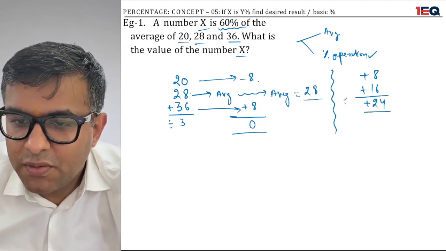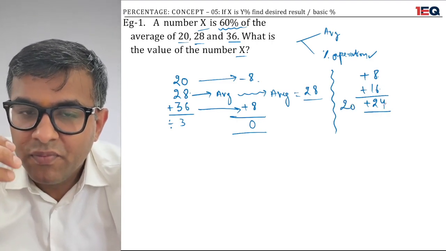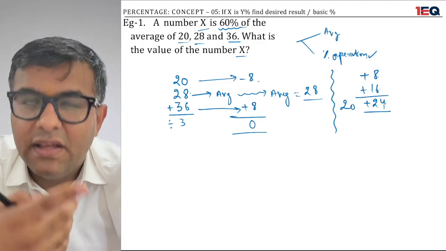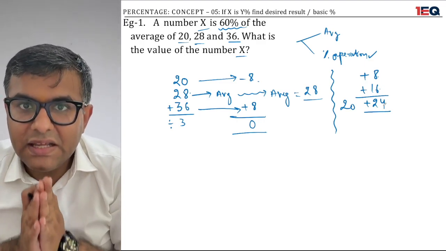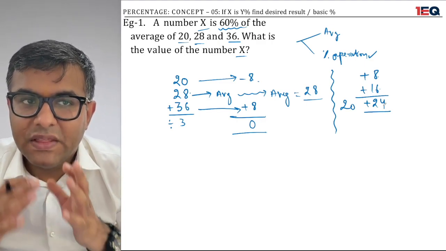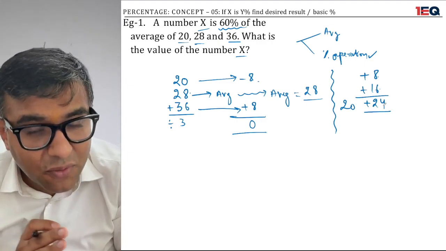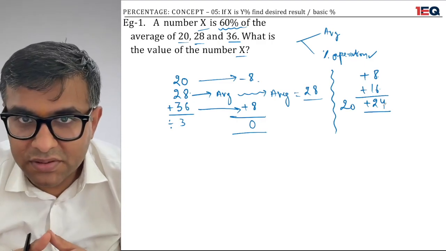My assumption was 20, but there is an excess of 24. If 20 is bearing the load of all the three numbers, then the 24 should also bear the load of all the three numbers.